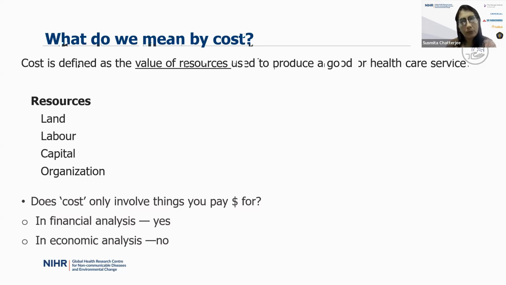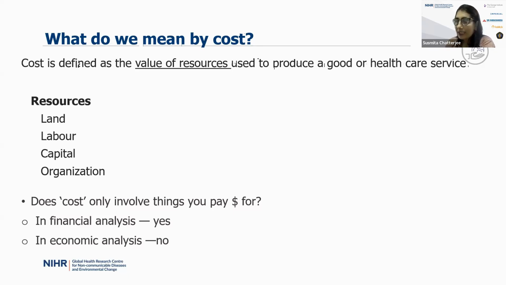I am giving you more examples so that it is clear to you. But economic cost is not that. The example I gave you right now is an example of economic cost. If you are interested to know, say, the CTC of the company for having Susmita in the company, that's the financial analysis, because then my whole salary will be put in, and it says that this is the financial cost of having Susmita at TGI.